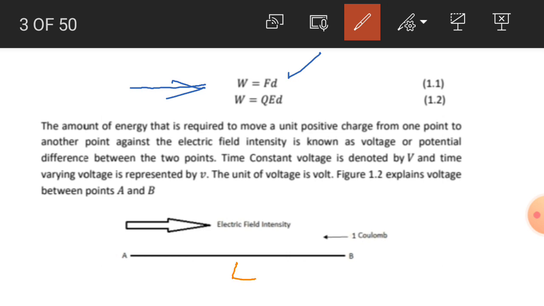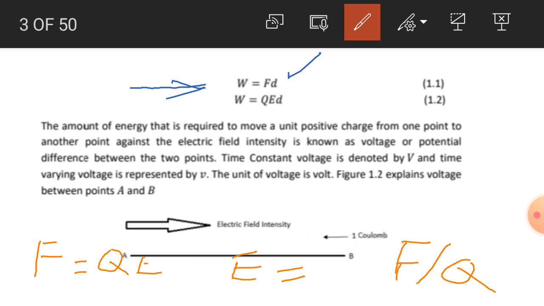Electric field intensity is a vector quantity, and it is the force per unit positive charge. Definitely the force in this particular case will be equal to the charge multiplied by the electric field intensity.